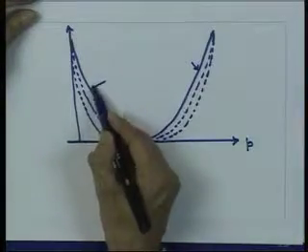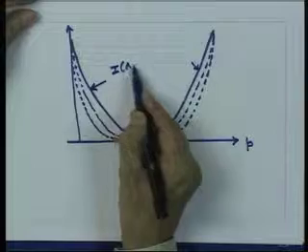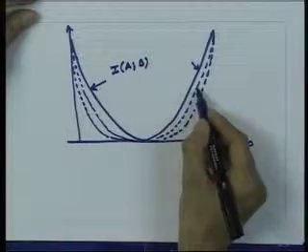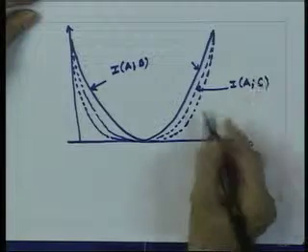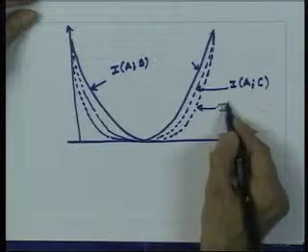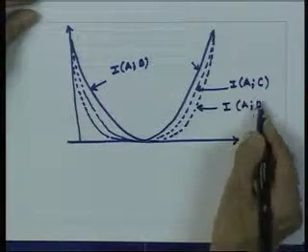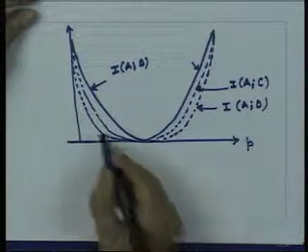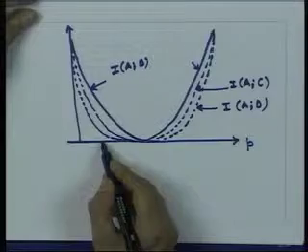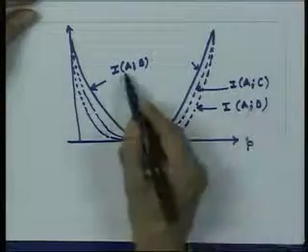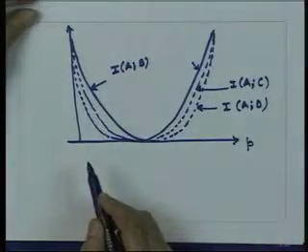This is IAB, this is IAC, and finally, this is IAD. So, from this it is clear that for given probability of error P, IAD is less than IAB.